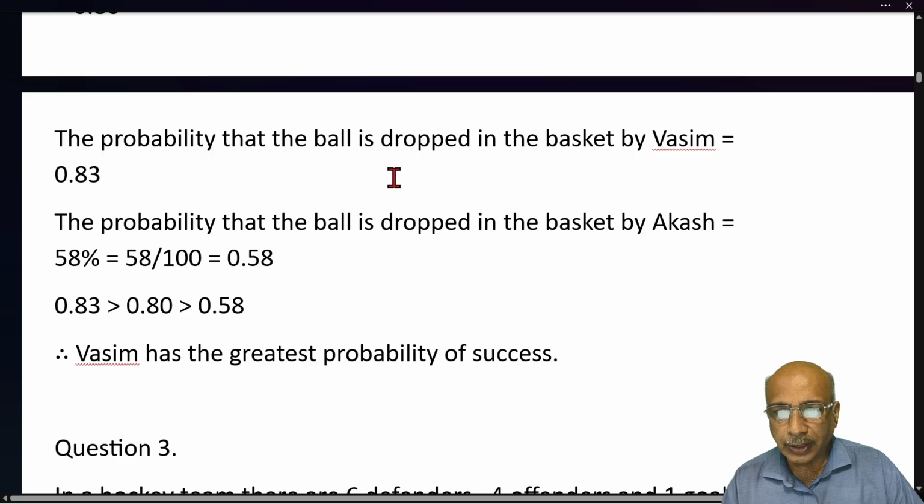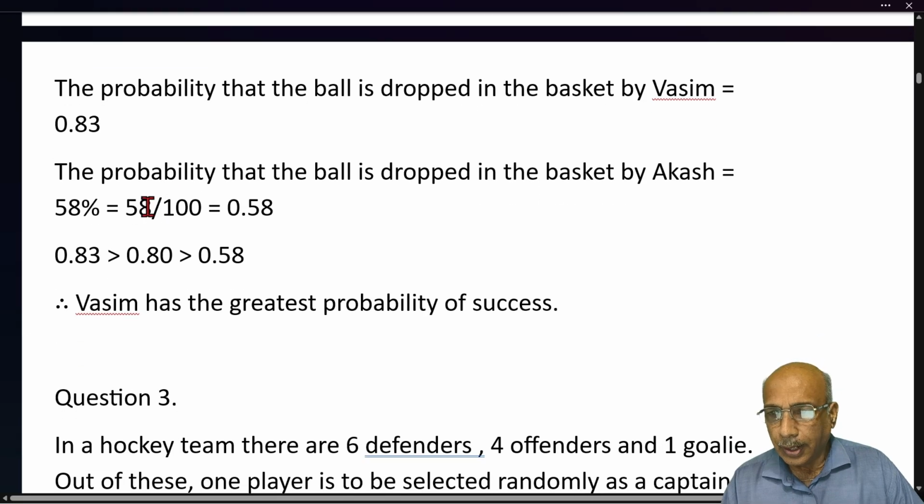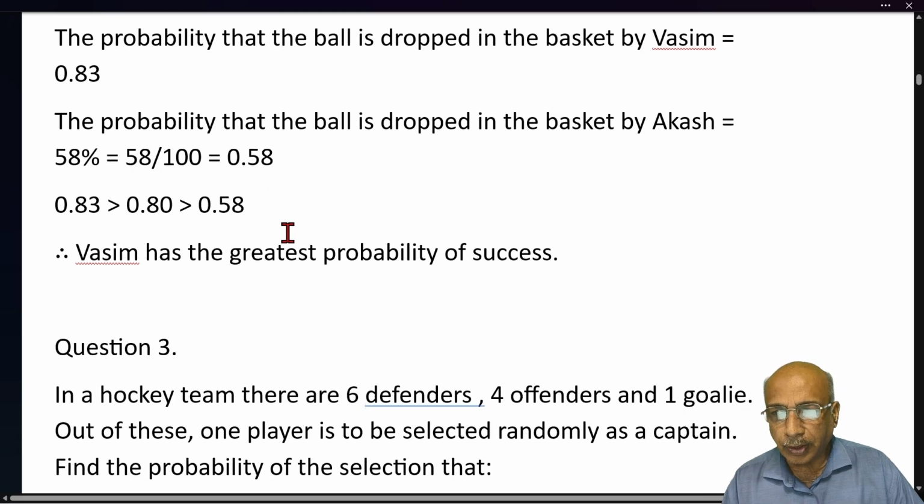The probability for Wasim equals 0.83. The probability for Akash is 58%. So 58 upon 100 it will be 0.58. Here you see from the decimal points calculation 0.83 is greater than 0.80 is greater than 0.58. Therefore, Wasim has the greatest probability of success.